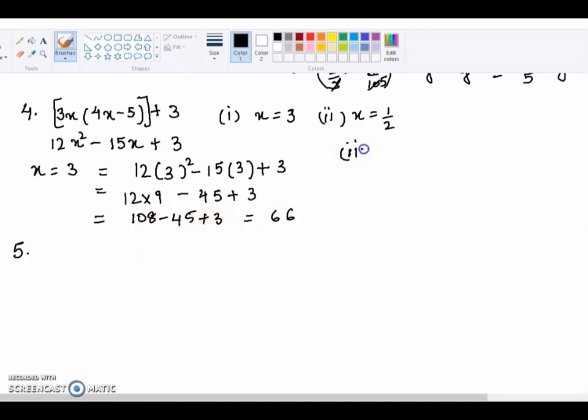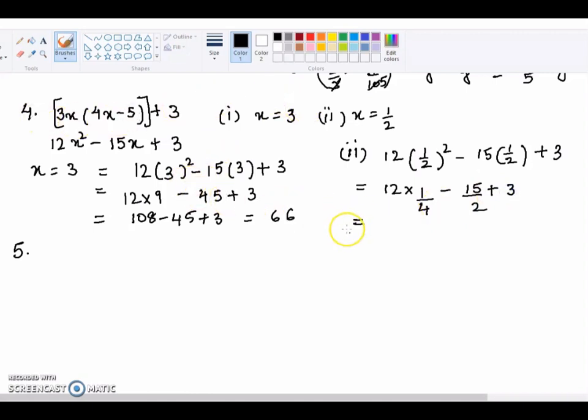Now the second part, after simplifying this expression, you will put the value of x as x equal to half. So 12 into 1 by 2 the whole square minus 15 into 1 by 2 plus 3. So 12 into 1 by 2 into 1 by 2 is 1 by 4 minus 15 by 2 plus 3. 12 into 1 by 4, this is 3. 4 3s are 12, minus 15 by 2 plus 3.